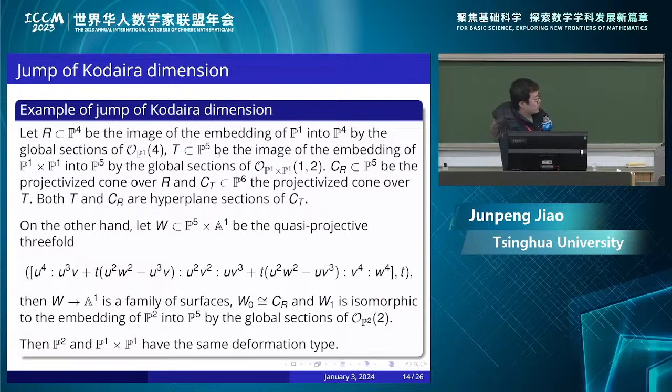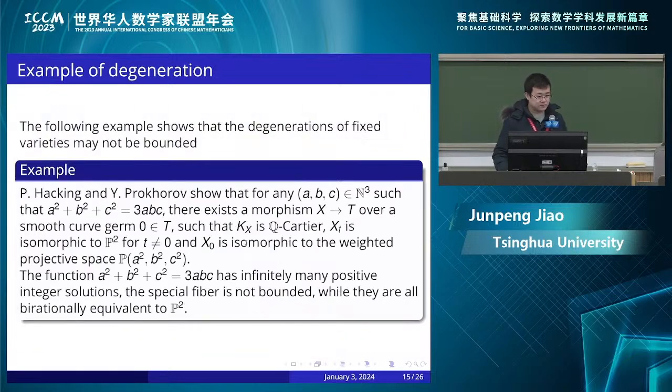So we have the pathology, that is, P2 and P1 times P1 have the same deformation type. This is not what we want. Such pathology happens because the log canonical class of the first one is not Q-Cartier, that is, Kx of the family of the first one is not Q-Cartier. So we have such pathology of deformation.